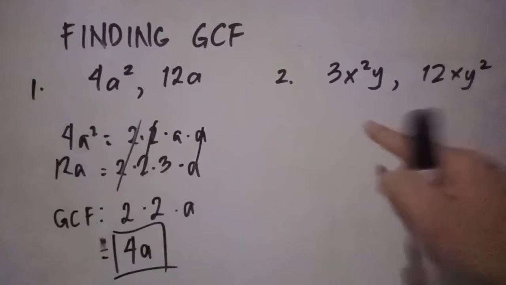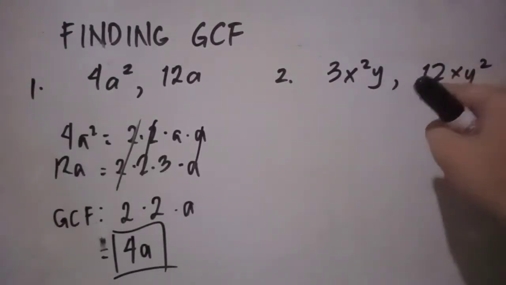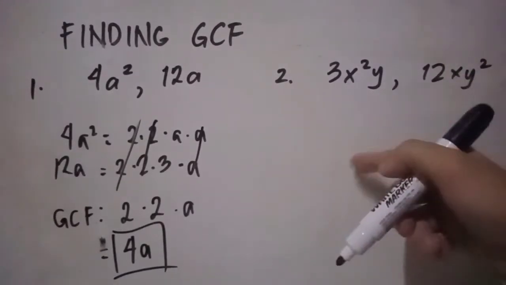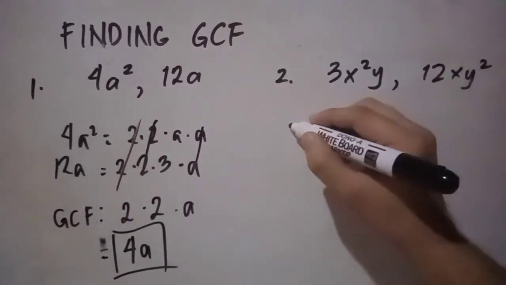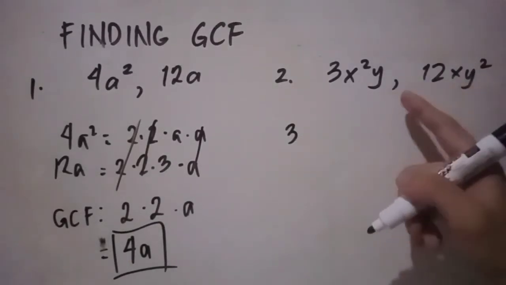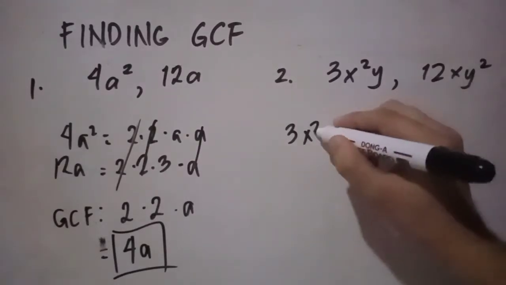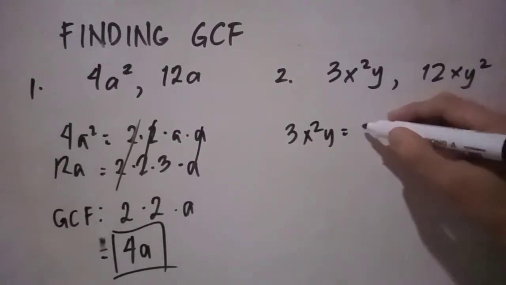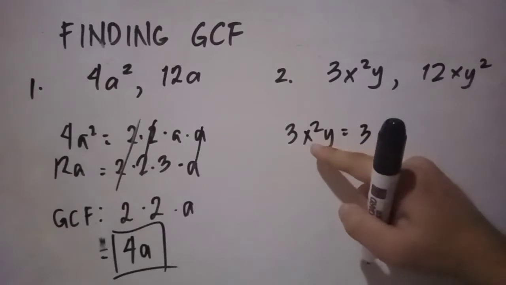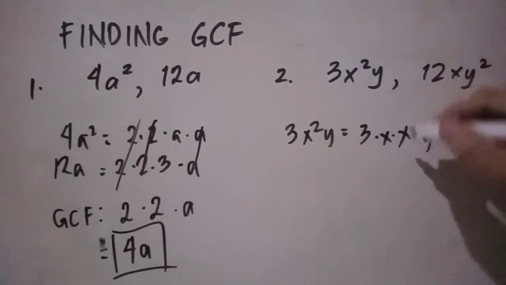Next, number 2. We have 3x squared y and 12xy squared. So again, kunin muna natin yung factorization ng parehong numbers, no? So 3x squared y, we have 3 is prime tapos x squared, so dalawang x, and then y.